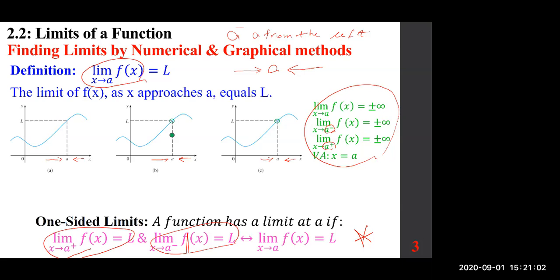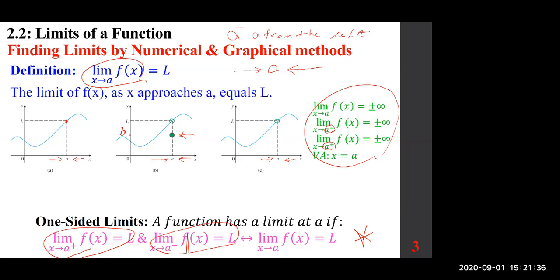In all cases, okay, the limit exists. If you look at part A, this point, class, is f of a equals L. And the limit exists. If you look at part B, f of a is the y coordinate of this green point. And if you look at part C, f of a is undefined.